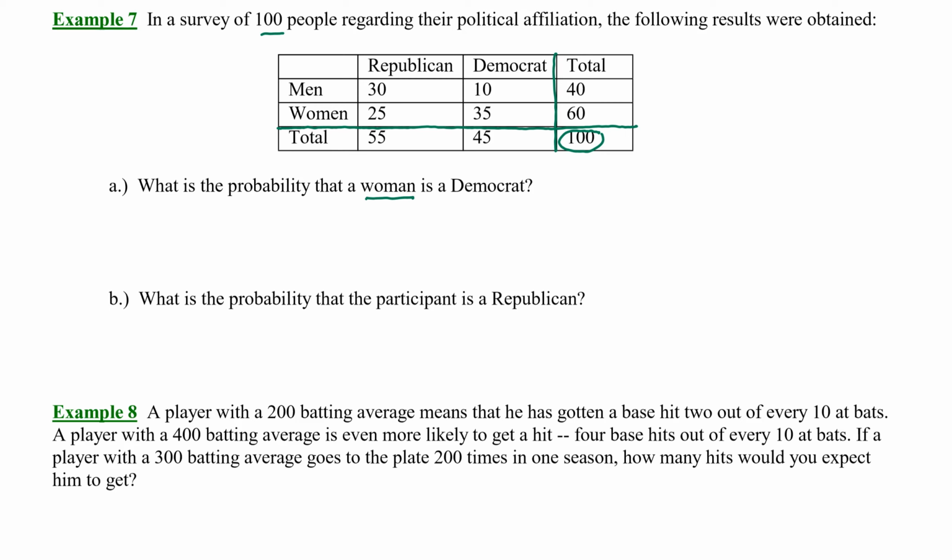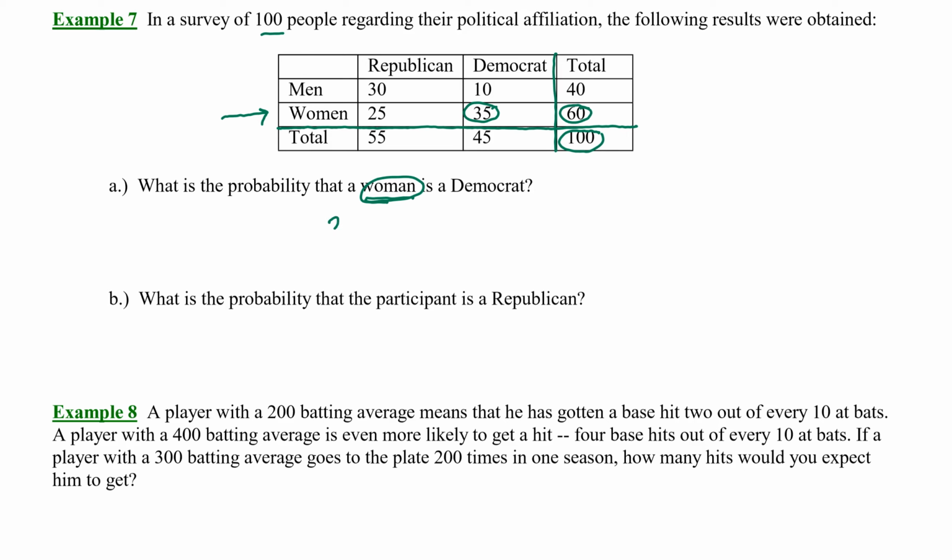So notice we are narrowing our focus from all 100 people in the survey to just the women in the survey. So I'm going to be looking at this row right here. Now, of the women, 35 were Democrats, and there were a total of 60 women that participated.